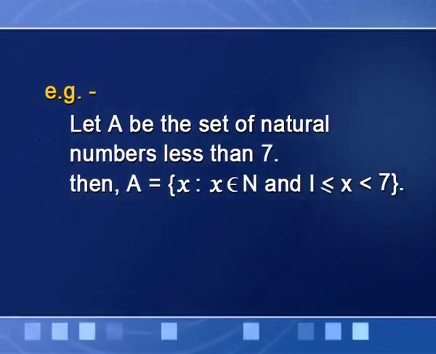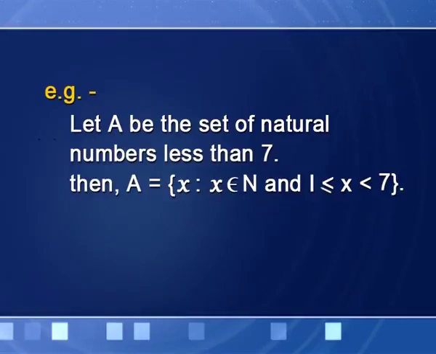The common property here is that all the numbers are natural numbers and all are less than 7. For representing this, we have written the set equal to x, and after that we defined this x. This x is a number which belongs to natural numbers. This x is greater than or equal to 1 but less than 7. So all the natural numbers which follow this criterion will be included in this set.